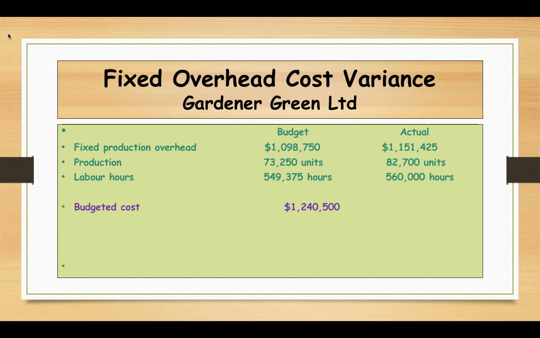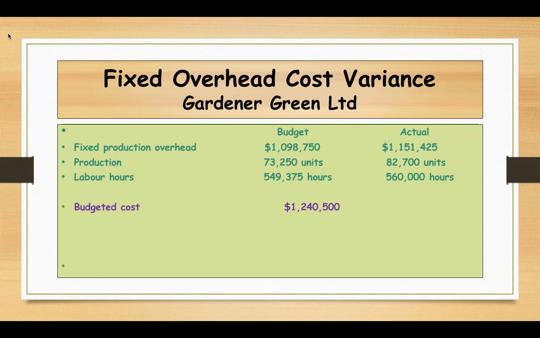So the budgeted fixed overhead cost is, they have produced 82,700 units. So 82,700 units times the fixed production overhead cost per unit. That's the budgeted fixed production overhead cost per unit.